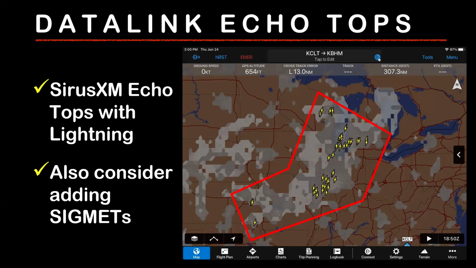This is true even if you're looking at FISB, although FISB doesn't have echo tops. Anytime you're looking at convective weather, it's a good idea to overlay not only lightning but also the other advisories, such as convective SIGMETs. Putting those together really gives you an indication of where the truly ugly weather is and where you have to stay away from.